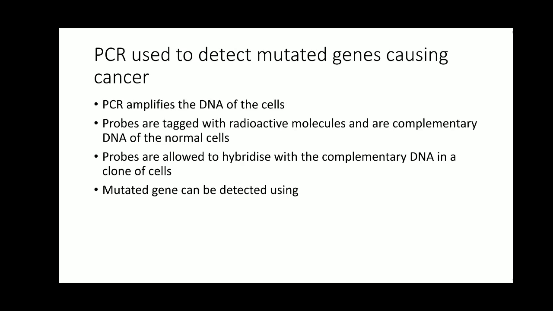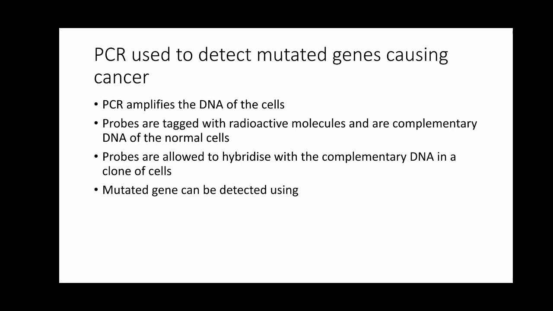We don't know where the mutation is present, so to design the complementary DNA, we use what we know of a normal DNA sequence in the human body. Accordingly, the complementary DNA strands are produced.